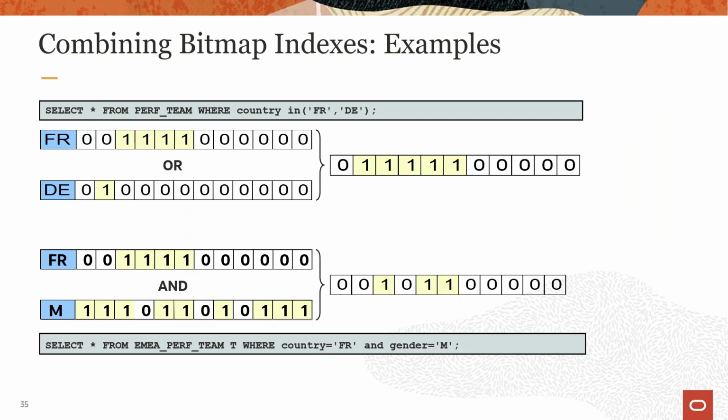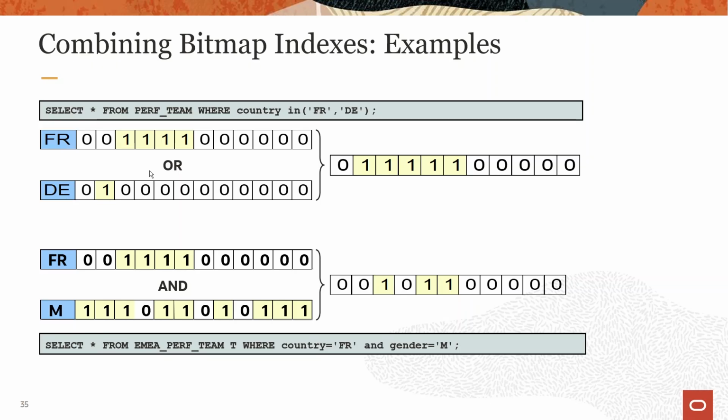Now, bitmap indexes are also very effective for queries that contain multiple conditions in the where clause. For instance, this select statement says I would like to find all the records where country is France or where the country is Deutschland. And we have a bitmap index on the country column. It will obtain the bitmap of France out of the bitmap index, and the bitmap of Deutschland out of the bitmap index.